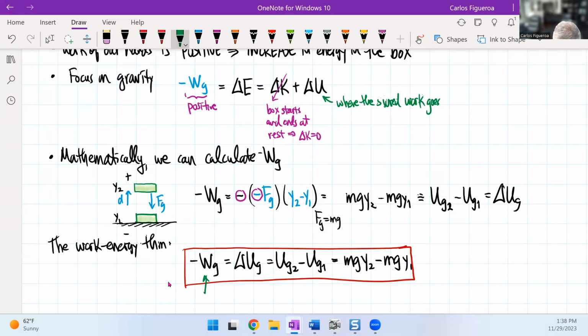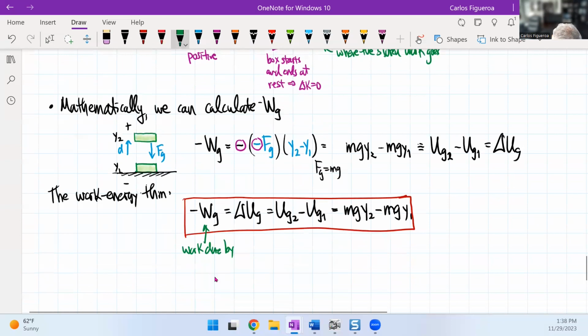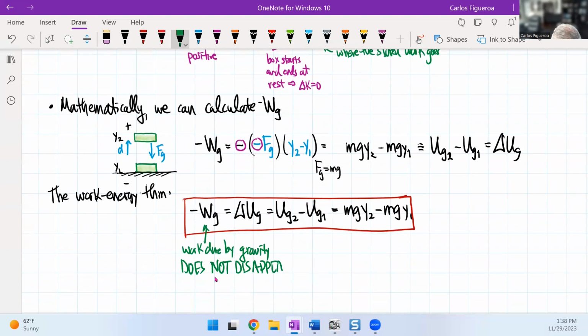That the work done by gravity does not disappear, but reappears as stored work.